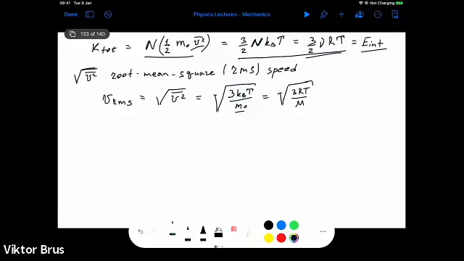So we managed to find these relationships between macroscopic and microscopic properties of ideal gas. Do you have any questions now?